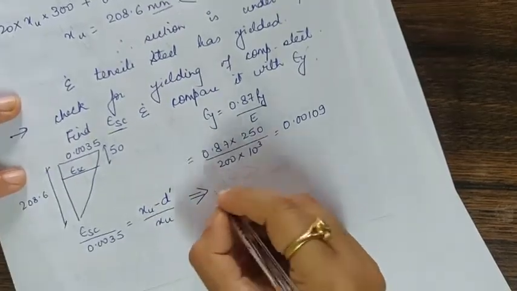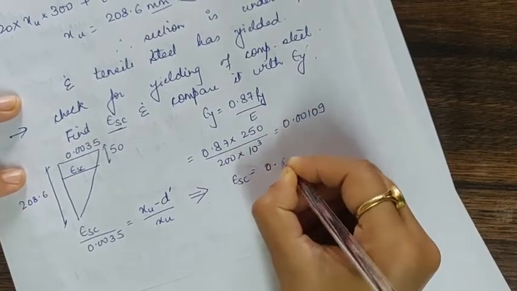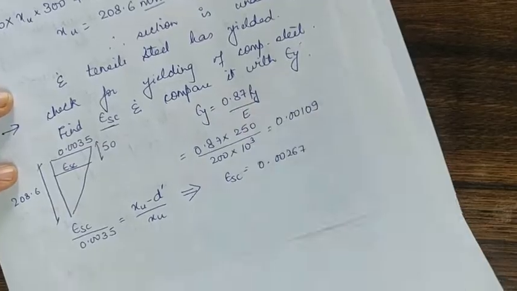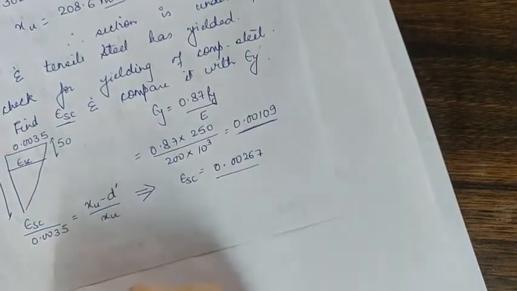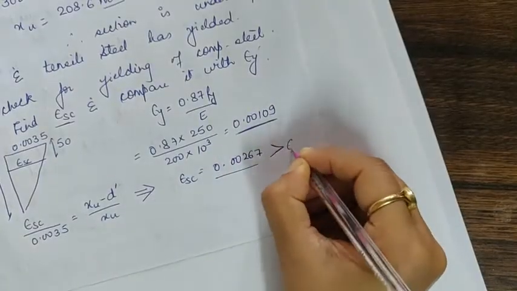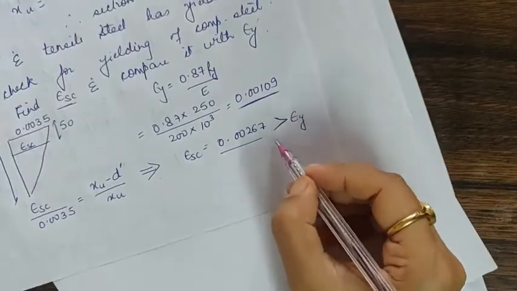Put the values. Epsilon SC is coming out to be 0.00267. Compare this with this value. So this is greater than epsilon Y.